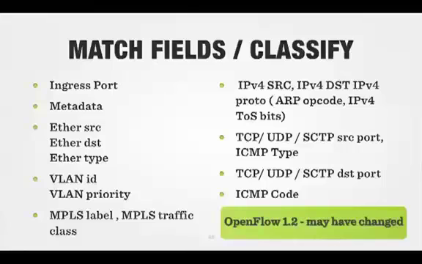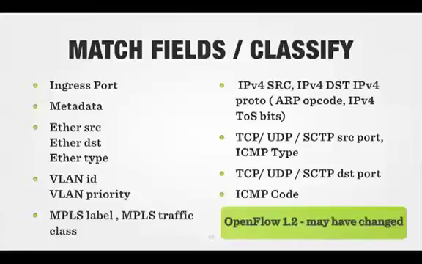What are the match fields that we can handle inside of OpenFlow? There's actually a pretty wide range of practical uses for it. So far, you can match on the inbound port. You can look at some metadata inside of the fields. Things like Ethernet type, Ethernet destination address, Ethernet source MAC address. What about VLAN ID? If you're receiving an Ethernet frame with a VLAN, you might want to munge it according to some rule. You might want to strip the VLAN tag and then send it across to another side before you reapply it.